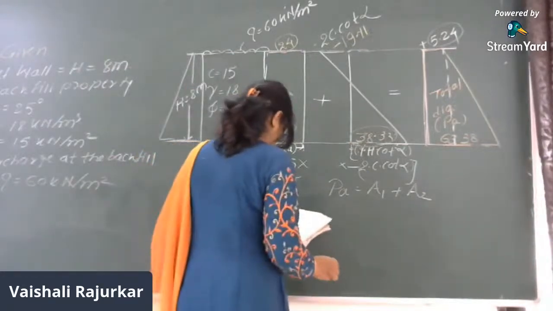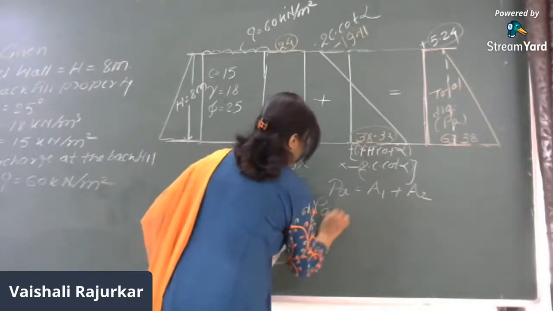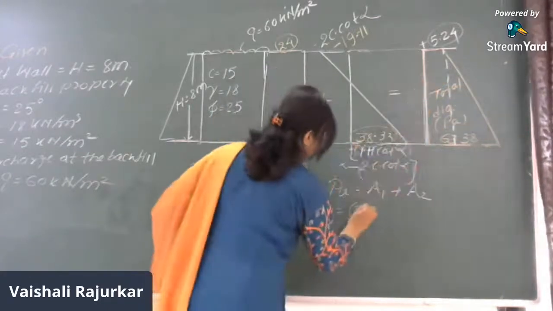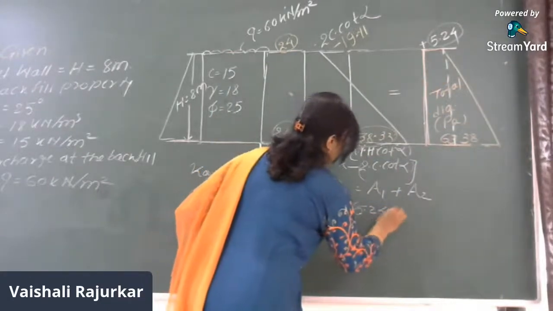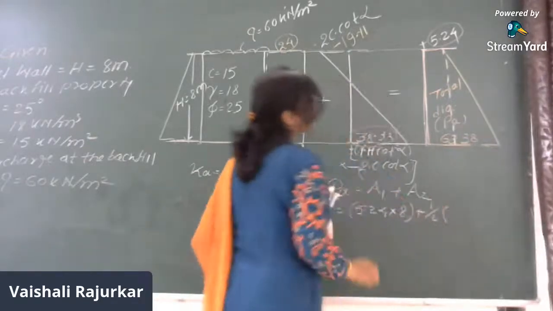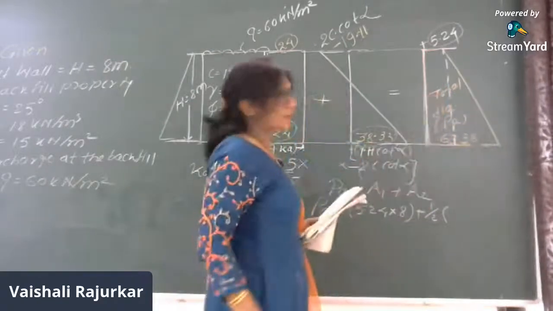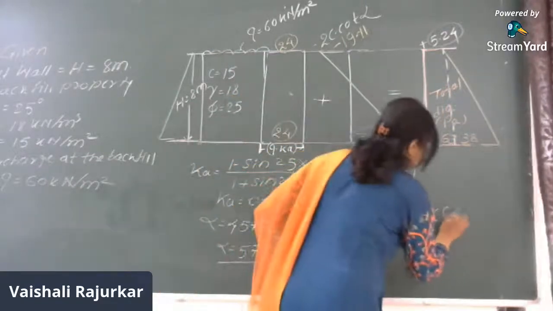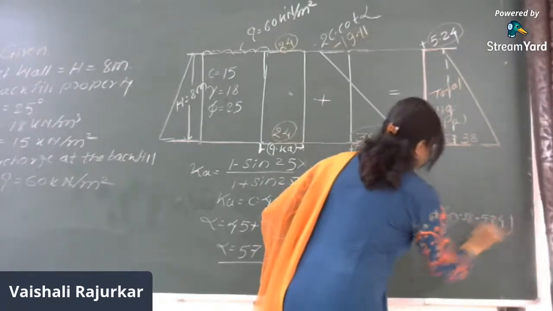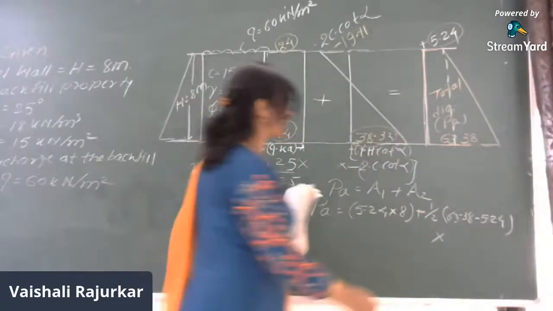So here PA is equal to, first it will be 5.24 into 8 plus half of, what is base? Base is 63.38 minus 5.24, into the height of the triangle, which is 8 meters.